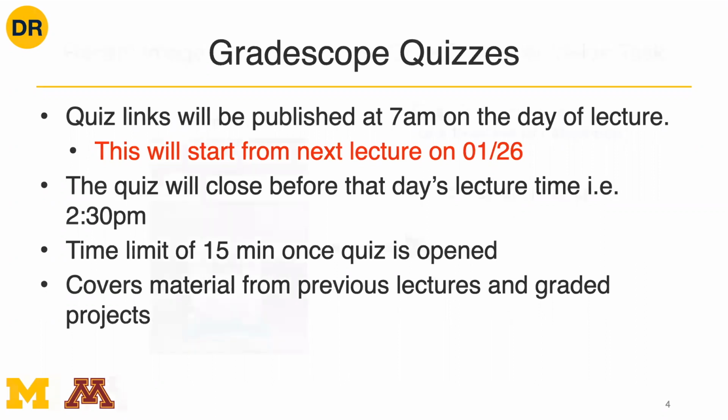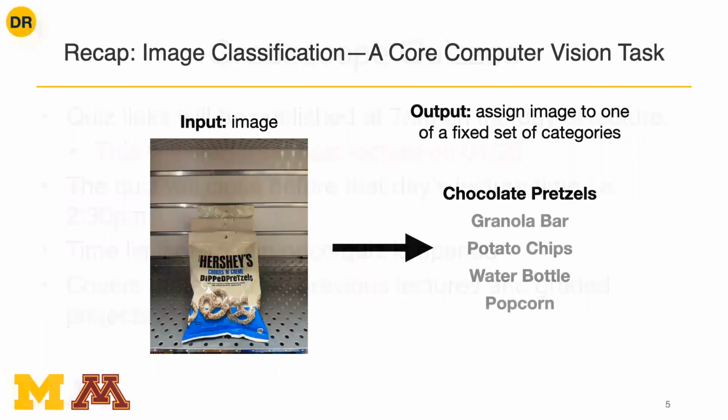Okay, so a little bit of recap. So we saw image classification in the last lecture. It's a core computer vision task. And the goal here is, given an input image or a matrix with a bunch of numbers, your classifier should be able to predict one of the labels that was provided.